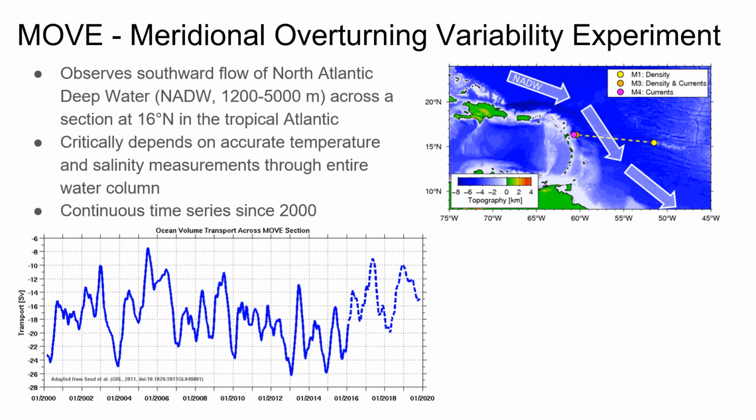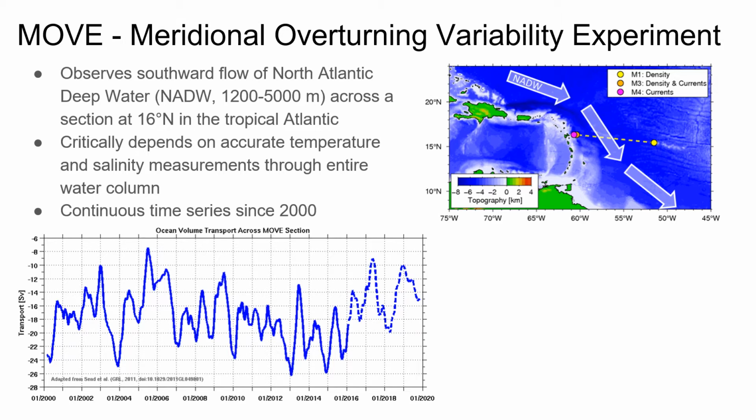The figure on the bottom left shows the 20-year time series. The property shown is the ocean volume transport in units of Sverdrup across the MOVE section in the NADW layer. Negative numbers indicate southward flow. Large variability is seen, with an average near 18 Sverdrups southward, and excursions up to 10 Sverdrups around the mean.